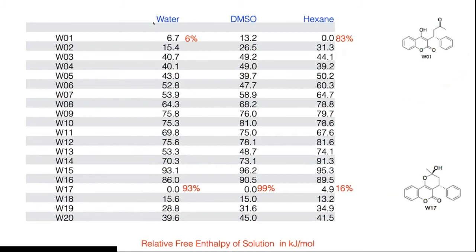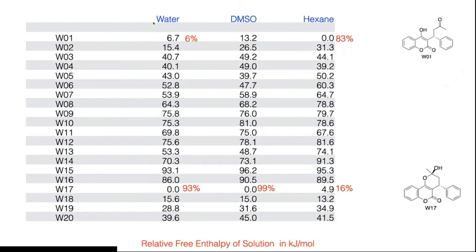Then we say, all right, to distinguish these tautomers, we need to take into account the whole process, the quantum mechanics, the heat of formation, as well as the free energy of solvation together, and that can give us close to the correct answer.